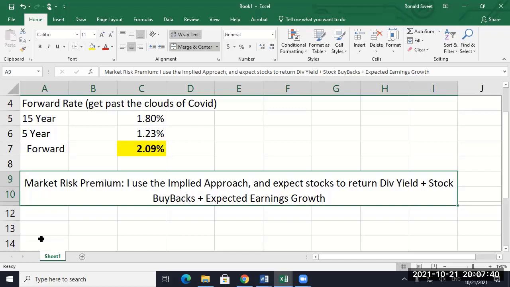We got the Barclays article because they had a market risk premium conference. The entire conference was market risk premium, and they published like 1,000 papers. One of the guys in my department went to it and brought every single one of those papers back. 95% of them were completely unreadable.